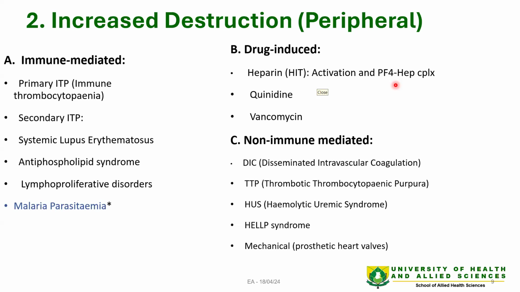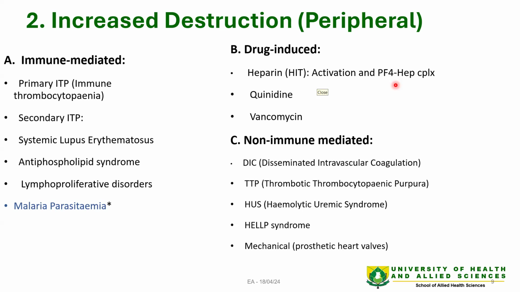Then quinidine and vancomycin have also been known to induce early platelet destruction. Then we also have some causes which are not immune related. So we have an example being disseminated intravascular coagulation, which in this case causes platelets to be consumed very fast because there's a lot of clot formation that occurs in this condition.